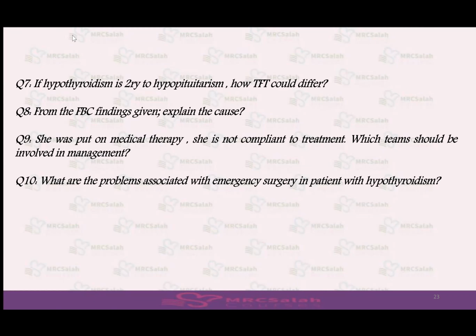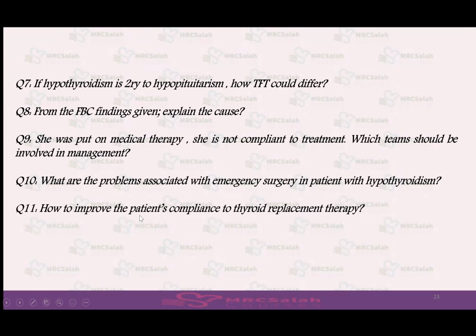Post-operatively, delayed recovery, confusion, decreased wound healing and increased risk of infection, with myxedema. By the way, hypothermia is an intraoperative consideration, not preoperative, because preoperatively she will be covered. Okay.